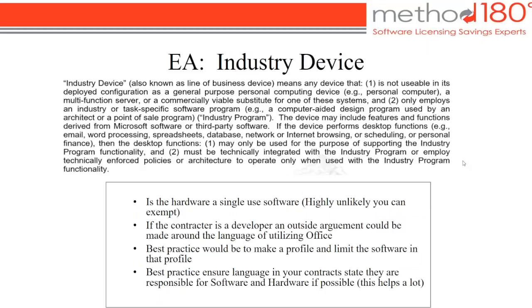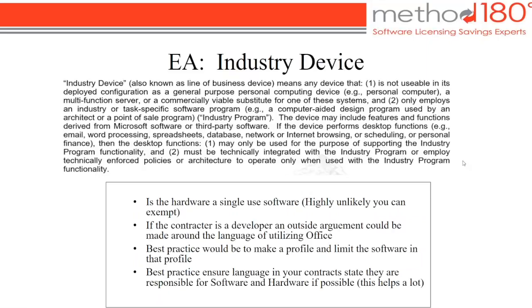A great example is in business, like BPO, business process operations, where you have, say, somebody like Accenture that's just doing entries into SAP, and they just have functions for SAP on those desktops. You could exclude those desktops as industry devices, which would then exclude those contractors as being included as qualified employees in your contract.